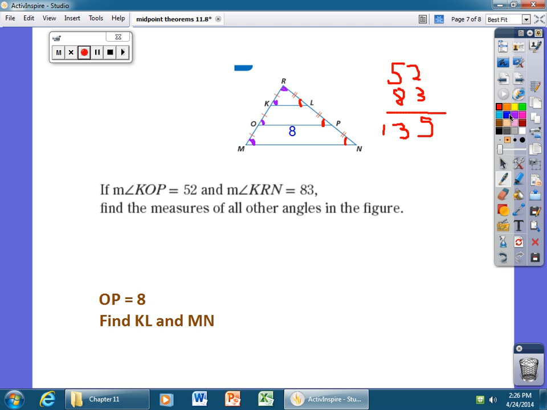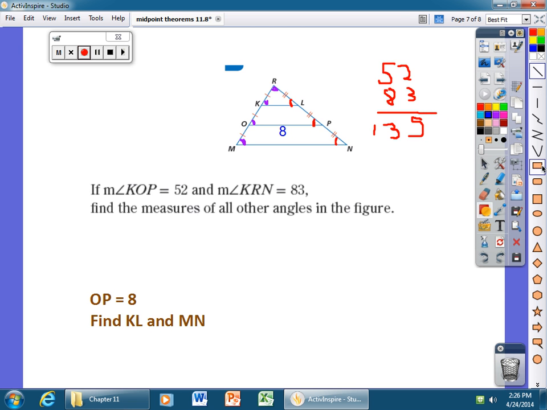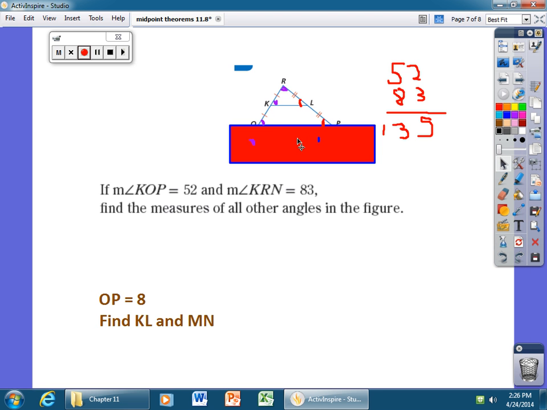KL is pretty easy to find because if I look at the triangle without the base down here, I can use the triangle midsegment theorem. KL would be the midsegment, so the length of KL would be half of the length of OP. Since OP is 8, KL is going to be 4.